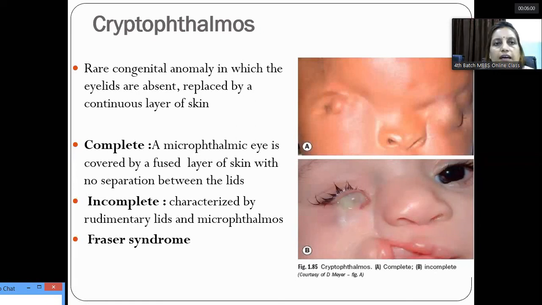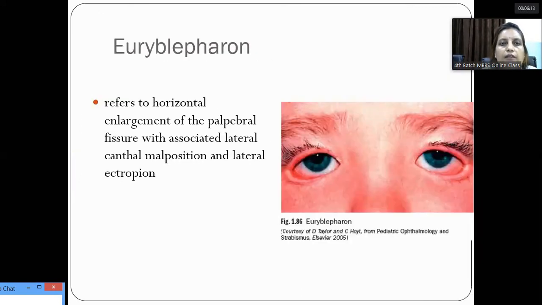So cryptophthalmos is a rare congenital anomaly in which the eyelids are absent and replaced by continuous layers of skin. And euryblepharon refers to horizontal enlargement of the palpebral fissure.